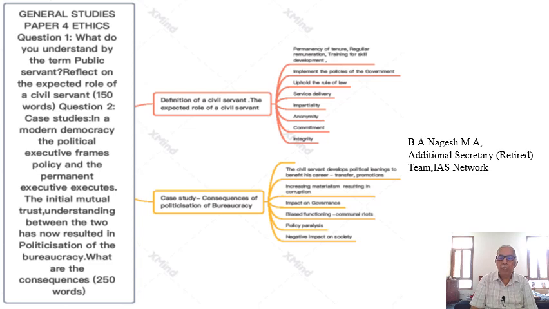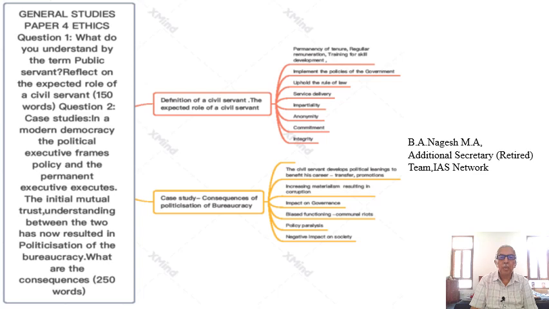So until the civil servant leaves voluntarily or unless he is removed, he enjoys permanency of tenure. This is in contrast to the political executive, that is the Prime Minister and the Council of Ministers, who enjoy a fixed term of 5 years. The civil service has permanency in tenure.